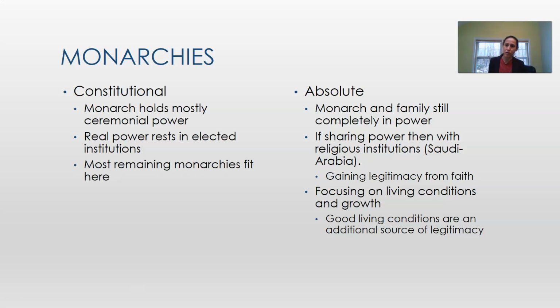And a lot of the decision-making or the real power rests in elected institutions, either a parliament or some sort of another arrangement that looks a lot more like a democracy. So we can have a democracy that has a monarch on top of everything. And a lot of the monarchies that we have today, Spain, Sweden, the UK, the Netherlands, a lot of them do fall under this group.